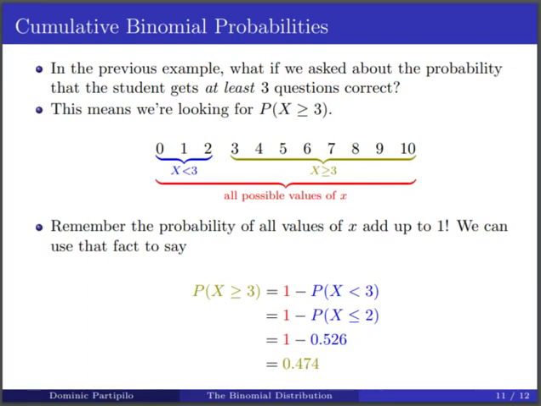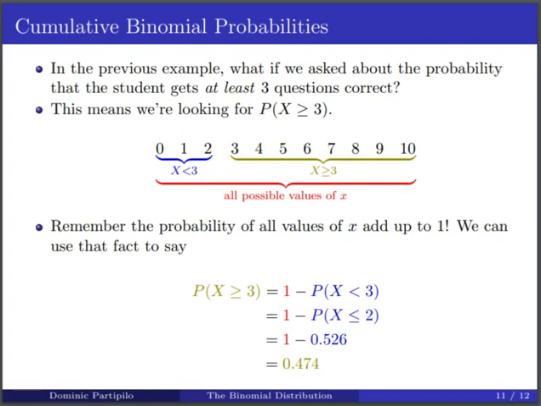So if we write this out, it would be the probability that x is greater than or equal to 3, which is what we're interested in. This would be this red piece, which is just 1, minus this blue piece, which was the probability that x was less than 3. And we determined that another way to write this is the probability that x is less than or equal to 2. And we want to write it this way because we know how to look this quantity up on the table.